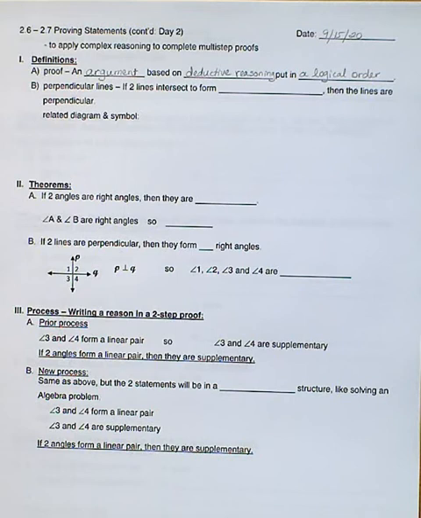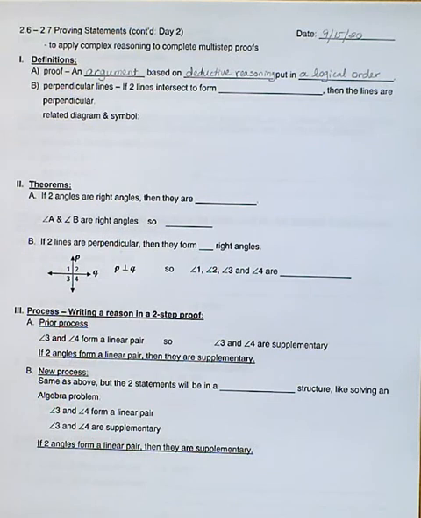So if you think about proofs that we're going to do and think about having to cite your source, that's what this is really doing. You're defending what you're saying by citing a source. Your source is going to be that postulate, definition, theorem, property.